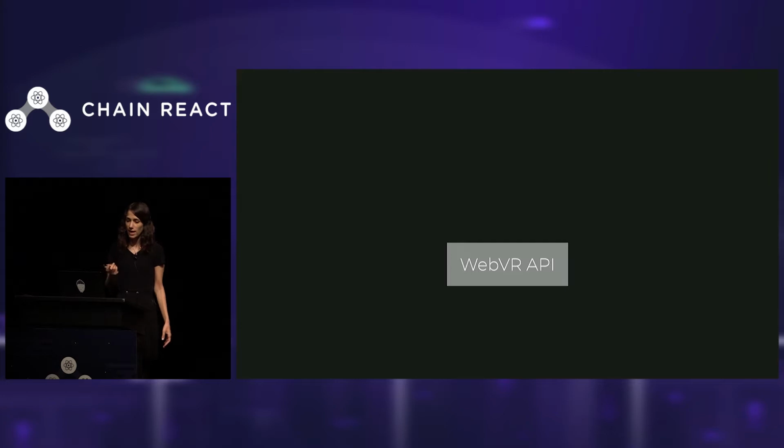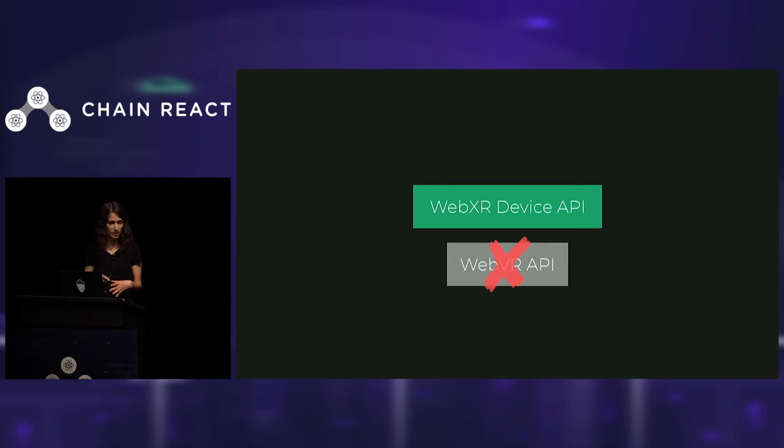The new API is replacing the deprecated WebVR API, and it's currently unstable, in a draft, but you could already work with it and experiment with it and maybe give feedback to the people writing the API.